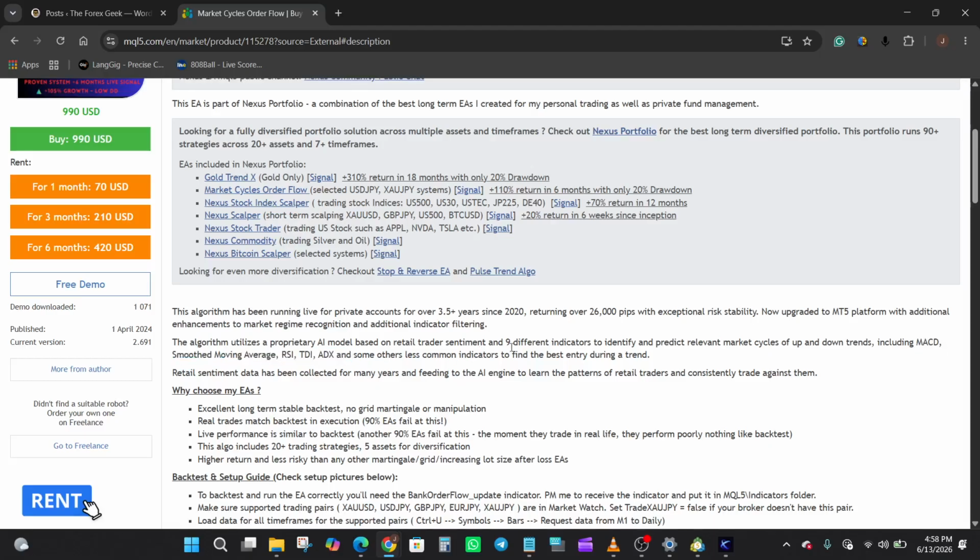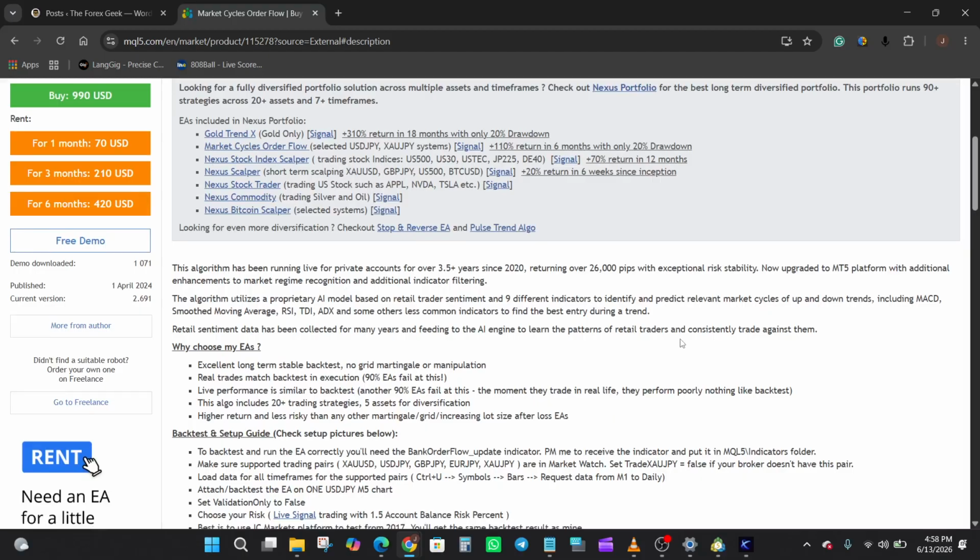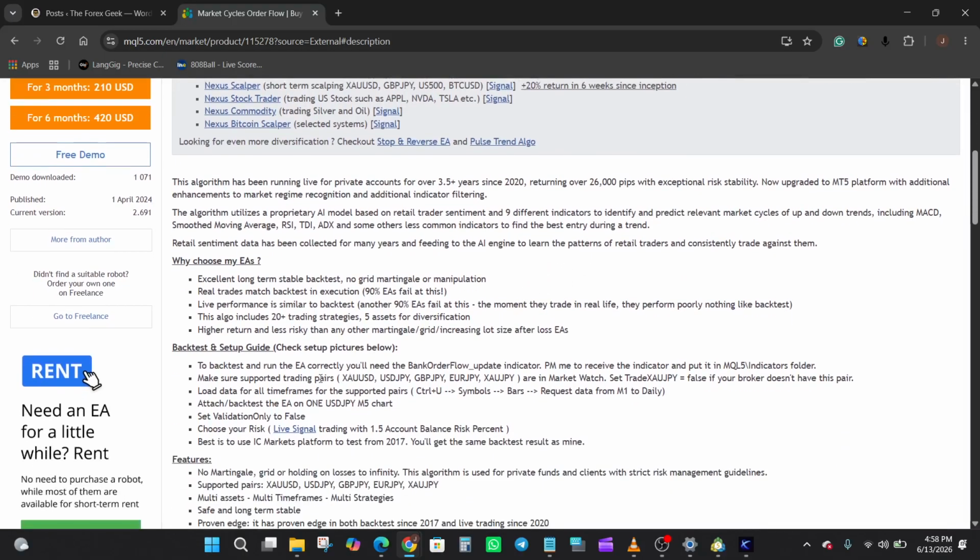Now, the goal is to identify market cycles and trend opportunities based on the data being processed by the algorithm. Moving further down the page, the supported trading symbols are clearly listed as XAU USD, USD JPY, GBP JPY, EUR JPY, and XAU JPY. The developer also notes that the system uses multiple assets, multiple time frames, and multiple strategies as part of its overall design.